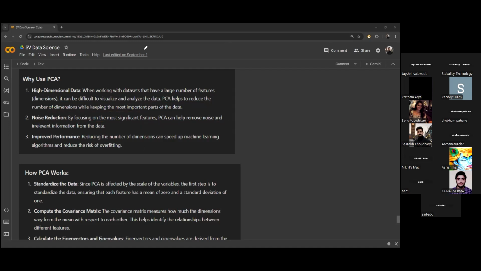Even in your Zoom settings, if you see, there is a noise reduction facility.